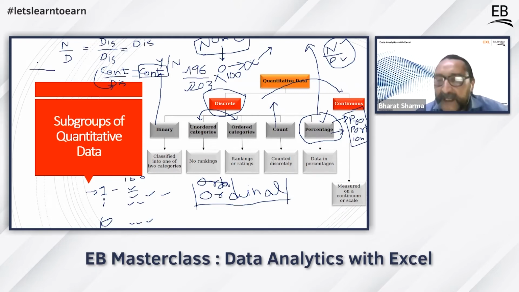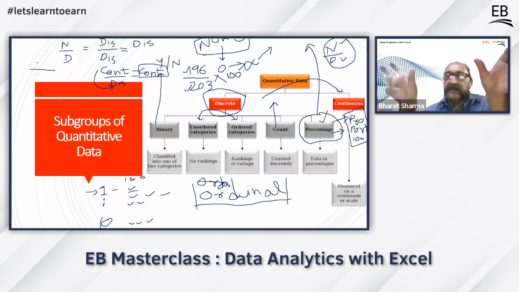Now, in order to get this, I need two different data points. One is the number of people, and the second is how much time each of them has taken to do the task. So let's say each person gets 10 tasks to do, and I collect data on timings of all those 10 tasks, which means for 10 people, I'll have 100 times, and I know I've got 10 people. On average, how much time has a person taken?